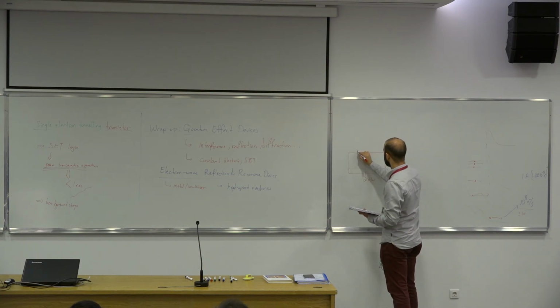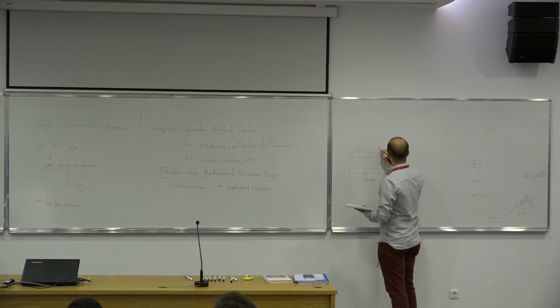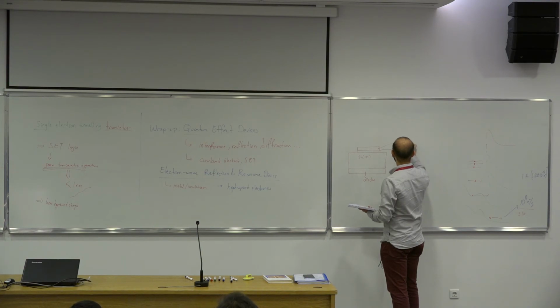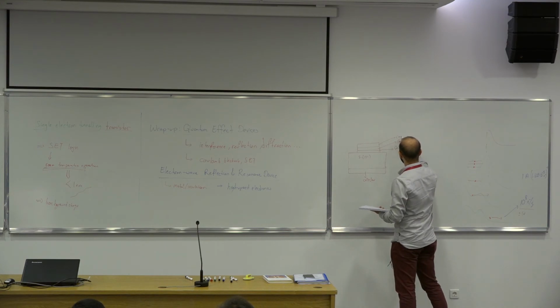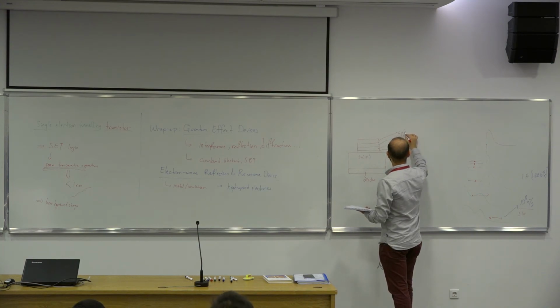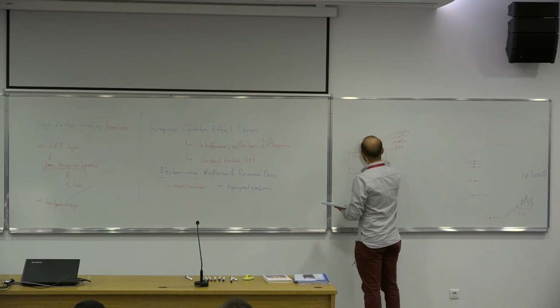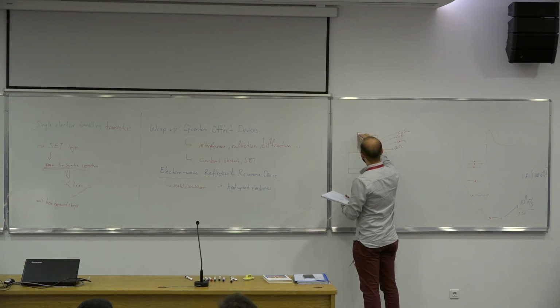Then on top of this, they deposit alternating layers of calcium fluoride, which is an insulator, and cobalt silicate, which is a conductor. They put a bunch of such layers, and then finally, this is the base electrode.